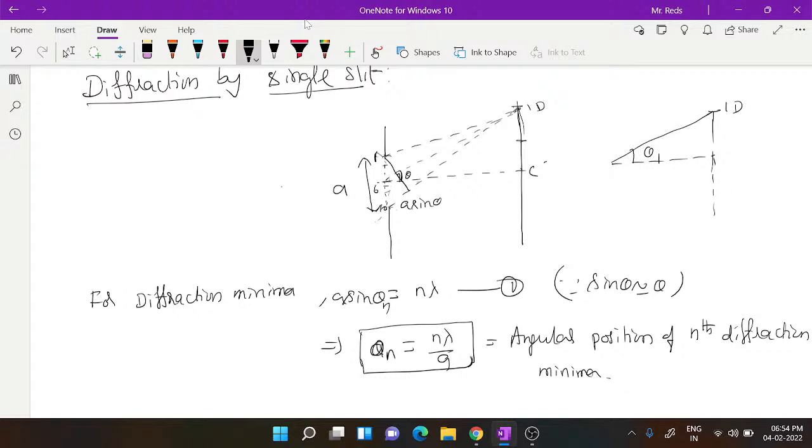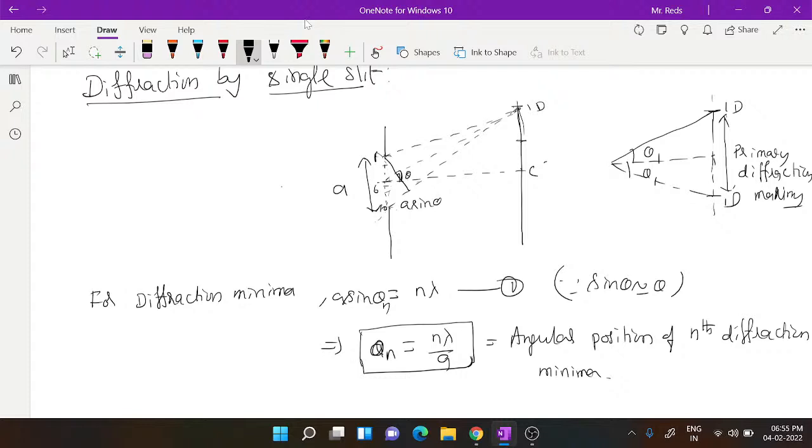Between these two, the entire space will be occupied by the central bright fringe, which can also be called the primary diffraction maxima or primary maxima.